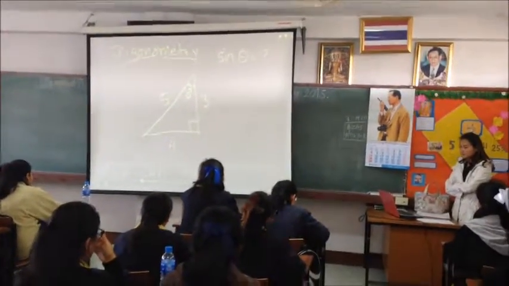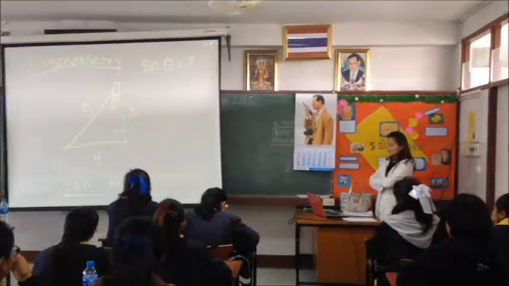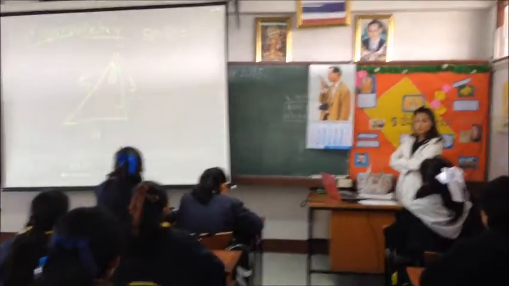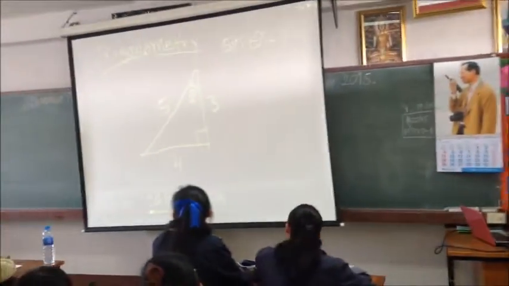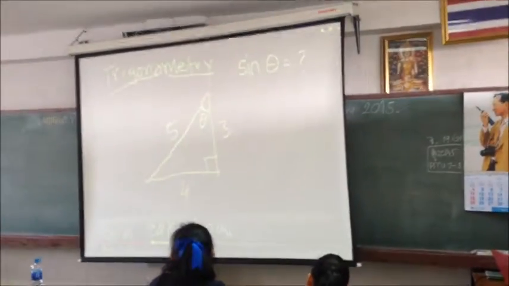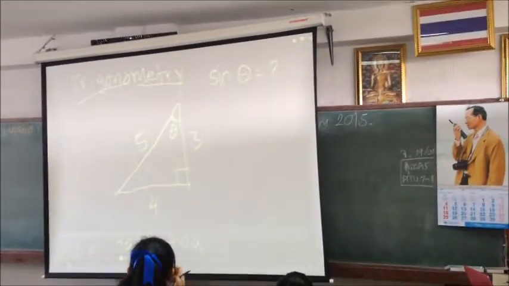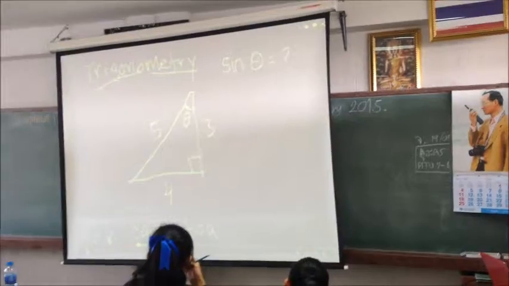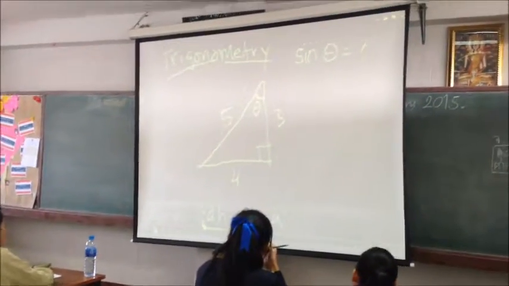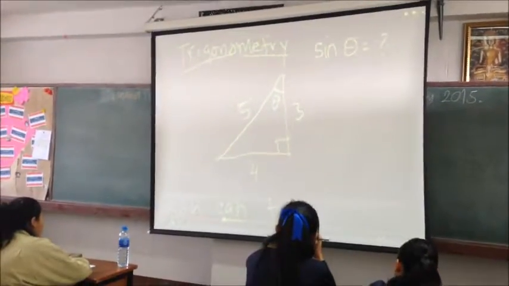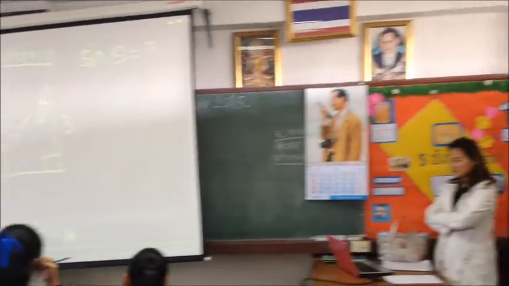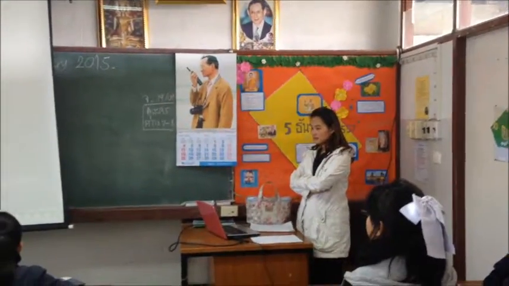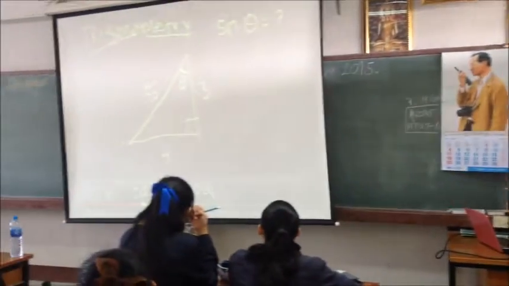All you have to remember is SOHCAHTOA. Now you might say, what is SOHCAHTOA? Well, SOHCAHTOA says that sine is opposite over hypotenuse, cosine is adjacent over hypotenuse, and tangent is opposite over adjacent. That's going to be confusing right now, but we're going to do a lot of examples, and I think it's going to make sense.